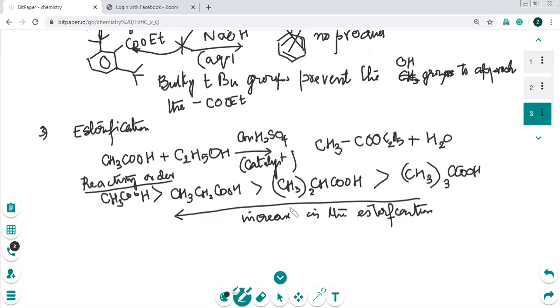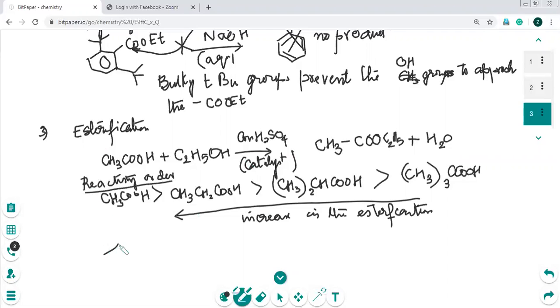Similarly benzoic acid, which I have already described, is very similar to this one. So this is in fact what steric effect is. I'll give you another example: (CH3)2CHCOOH, with two methyl groups.